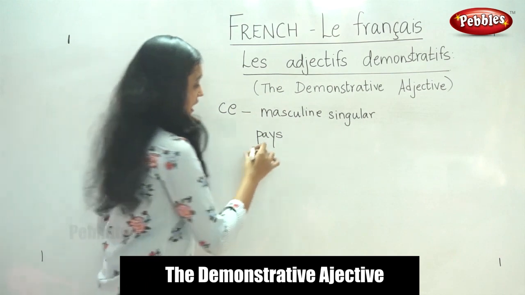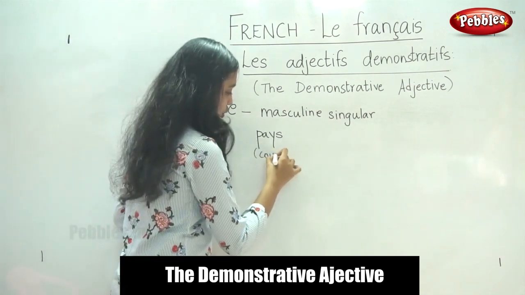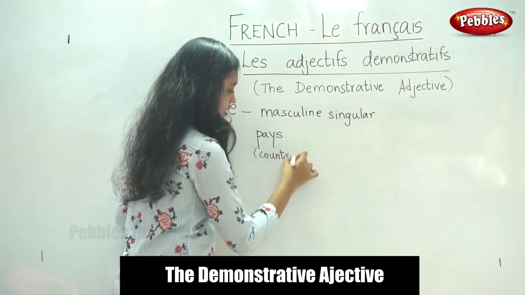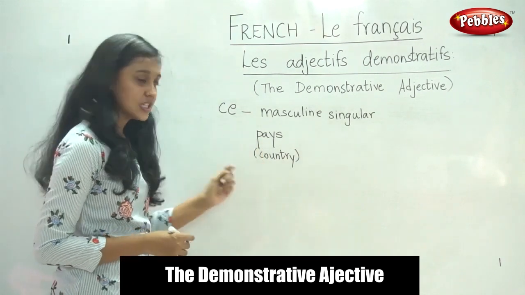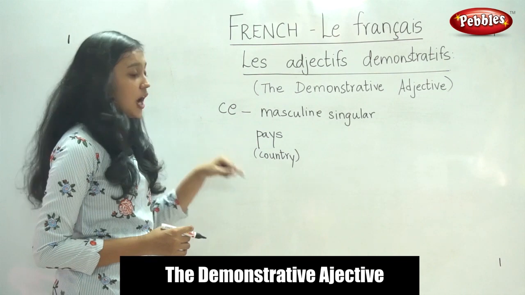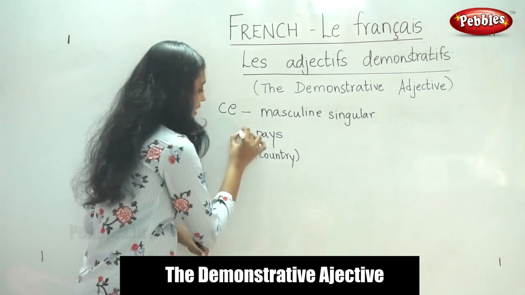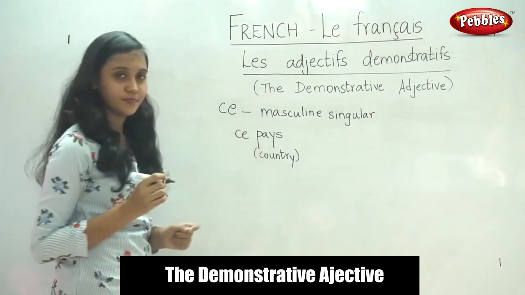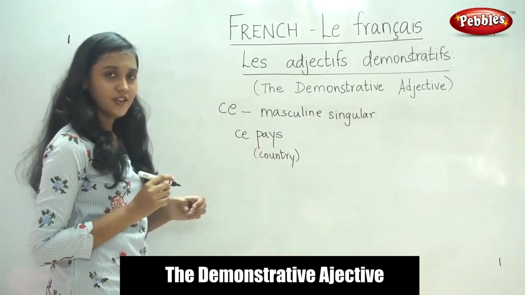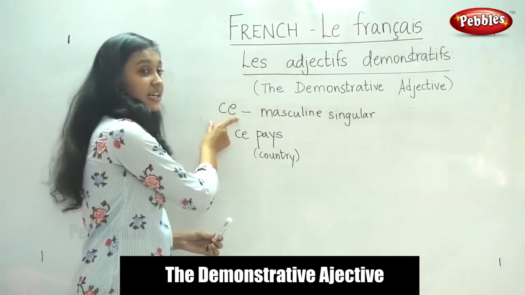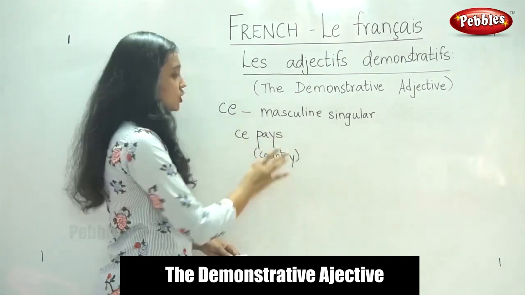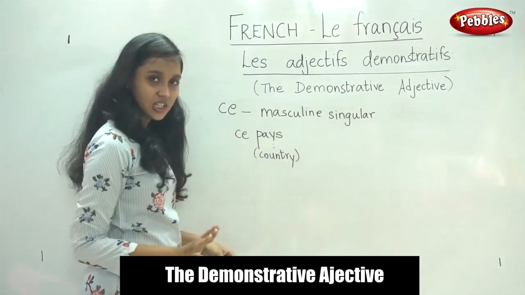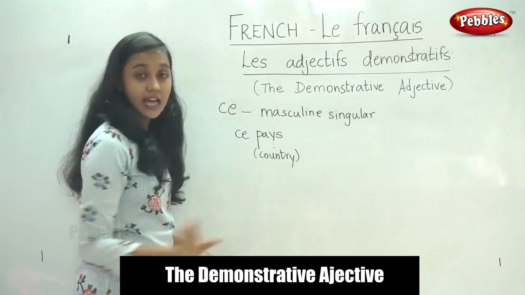It means country. I hope you remember this word pays. Now it is in the masculine singular form. So how do you say this country? You say ce pays. Very simple, isn't it? We use ce before a noun that is masculine singular.